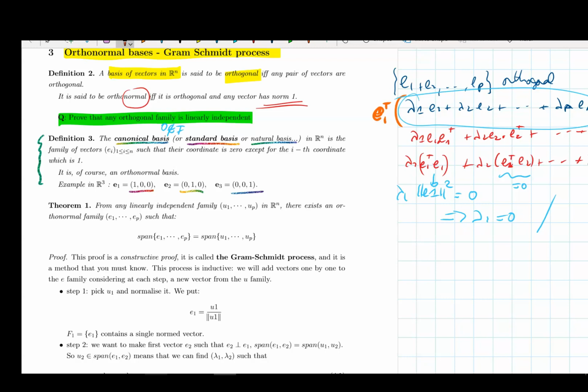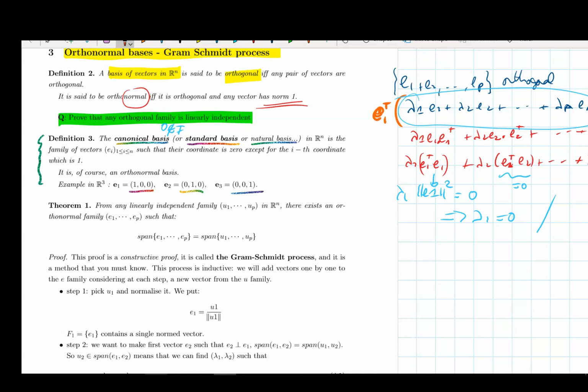Of course, these are obviously linearly independent, they are orthogonal, and they are normalized. That's the basis that we will always want to refer to, because that's the one we know how to calculate with.